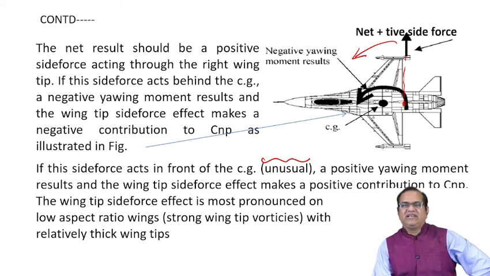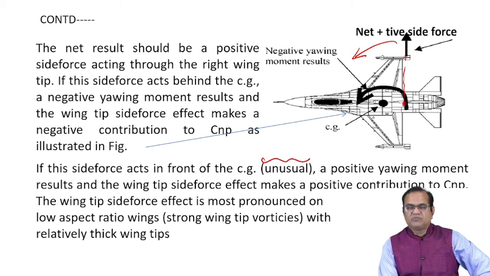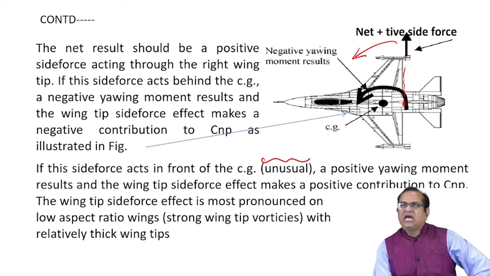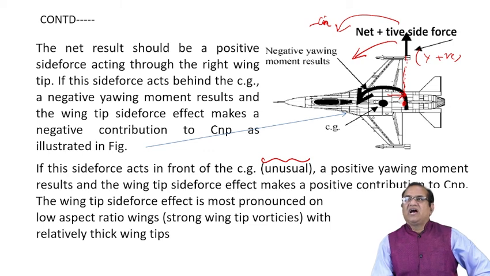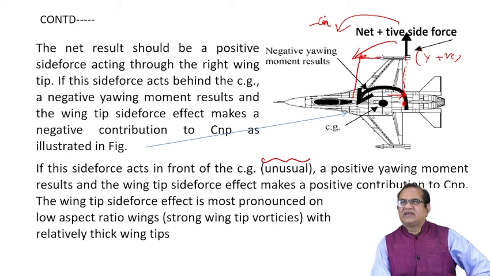So here we can see that again the net result should be positive side force acting through the right wing. So here we can see if this side force is positive, Y is positive as shown here, and if this resultant is acting behind the CG here, the moment will be negative, minus Cn, like this. But assume that this is acting somewhere here, this Y here.